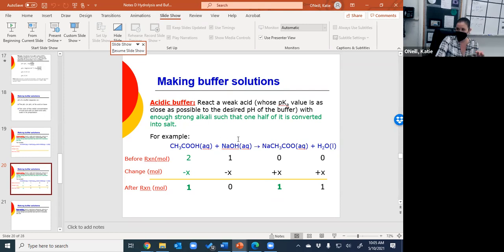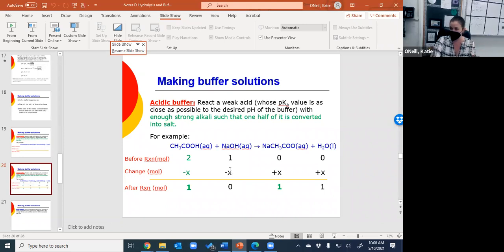One more time, because I know this is really weird and tricky. The sodium hydroxide will be the limiting reactant because it's the strong base, so that's the one that's going to have the dissociation. With that completely dissociating, we want that to be 0. When that's 0, we start off with whatever part that is, minus 1 to be 0.